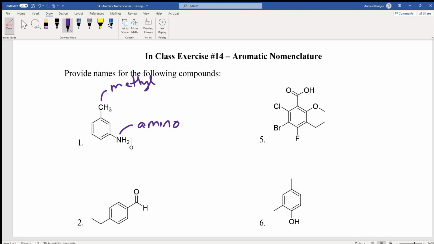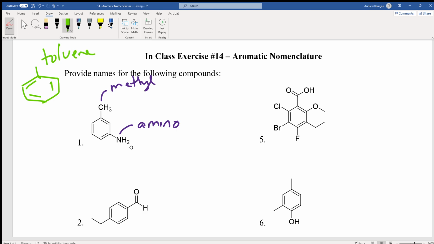However, we also know that if we have just an aromatic ring with a methyl, we can use the name toluene for that.